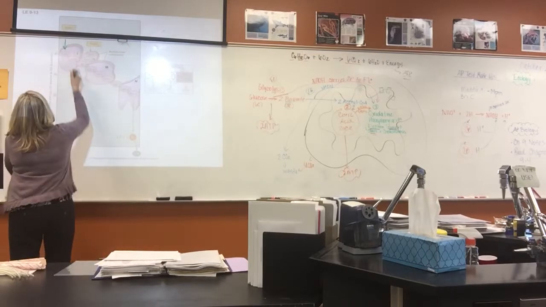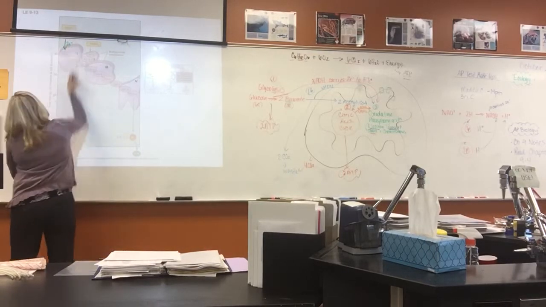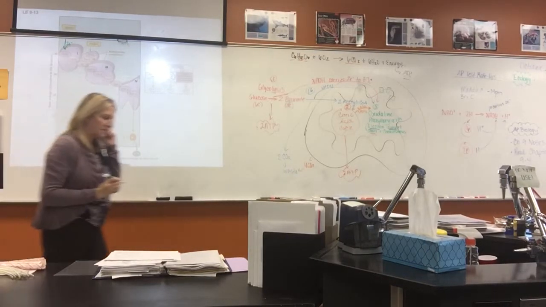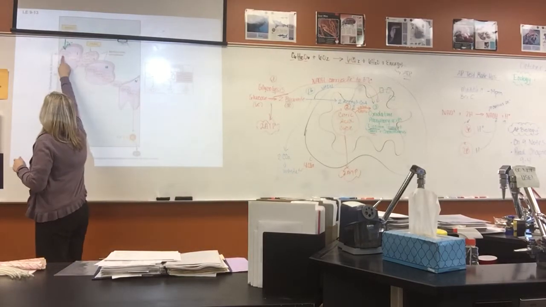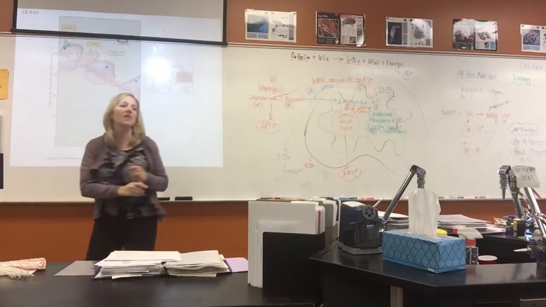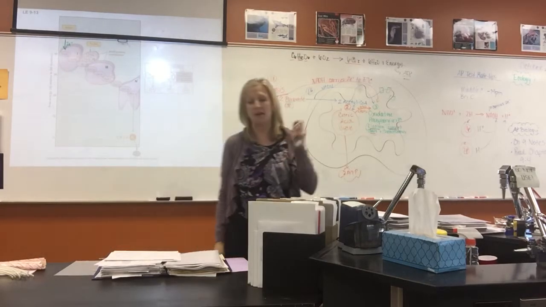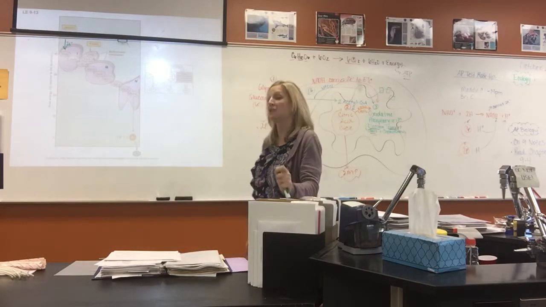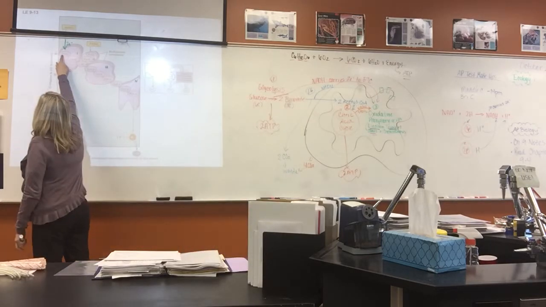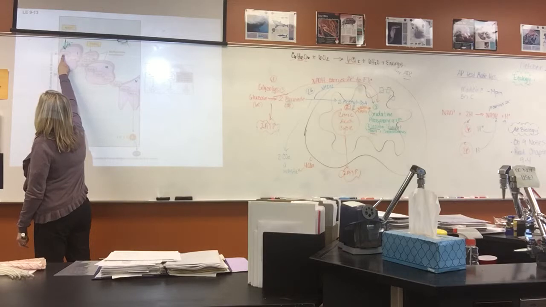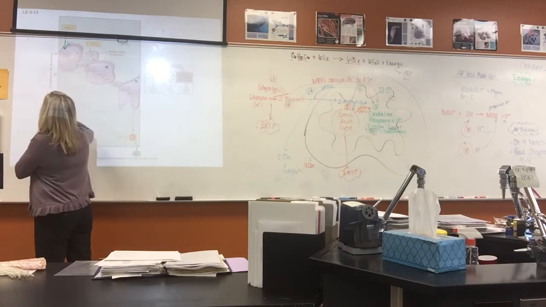So I'm going to write here it's dropping off 2 electrons. So now this molecule has accepted electrons. It's been what then, oxidized or reduced? It's reduced. Reduction is gaining electrons, so it's been reduced. So now this molecule is going to pass the electrons to this molecule.